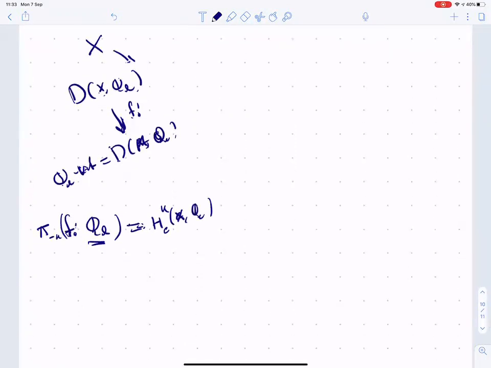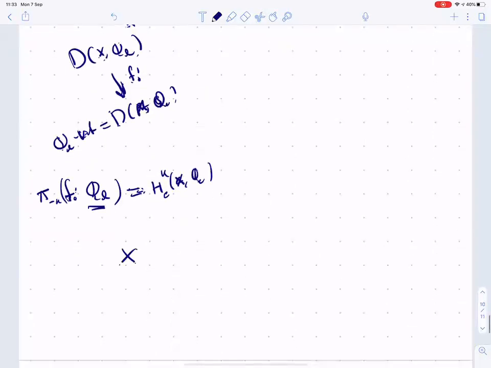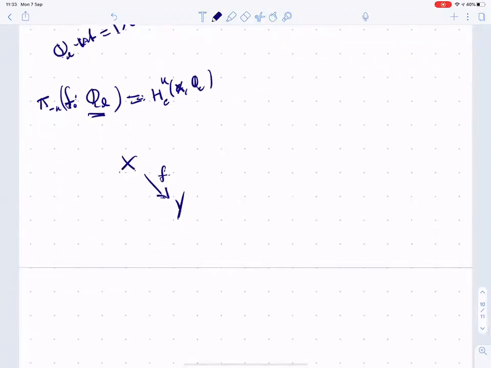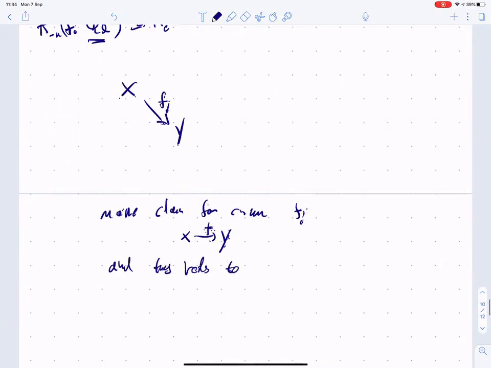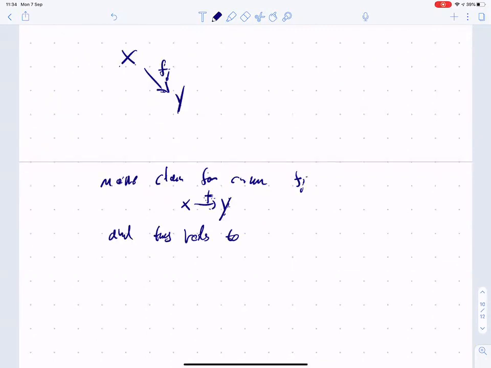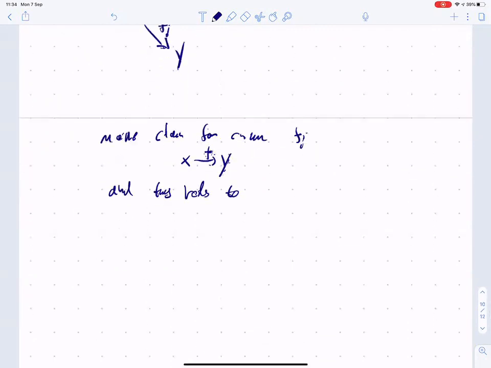But this f lower shriek is actually defined for the right kind of sheaves, for every map. So the idea is to make a claim for arbitrary f lower shriek for f: X to Y. First we're going to make a claim.